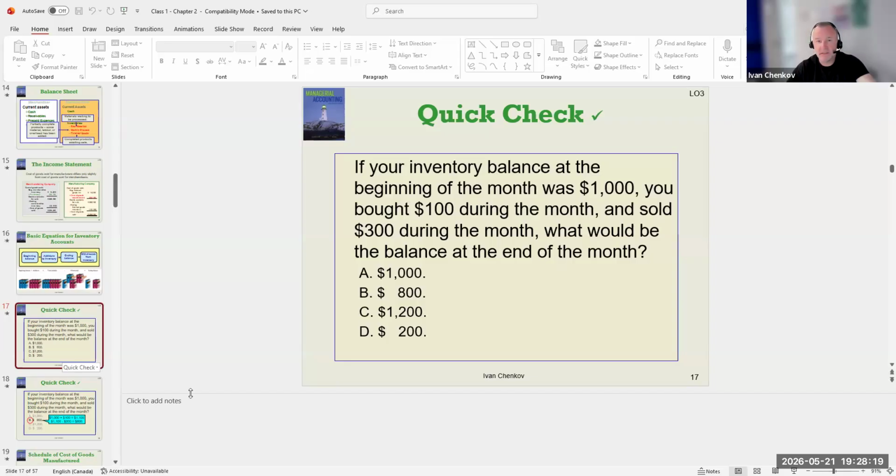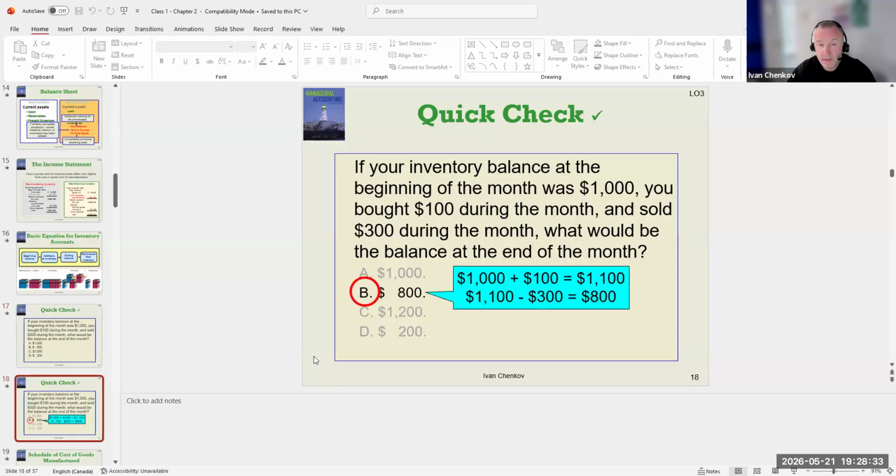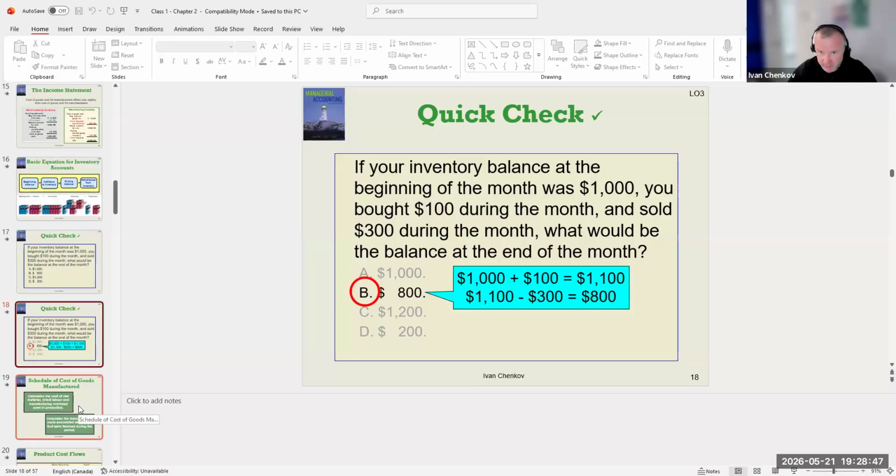But it doesn't change the fact that beginning balance plus additional, minus what you dispose or sold or used, is going to give you the ending balance. So beginning balance plus the additional is going to give you available. Once you deduct whatever you use or sold or dispose, it's going to give you the ending balance. That's for the merchandising company.